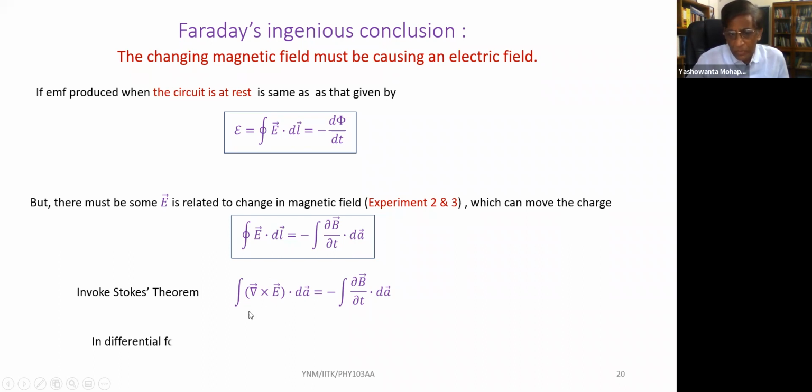So if this is for an arbitrary surface, then in differential form this must be equal to: del cross E, curl of E, is minus del B by del t. So no longer is del cross E, curl of E, equal to 0 if there is a changing magnetic field.